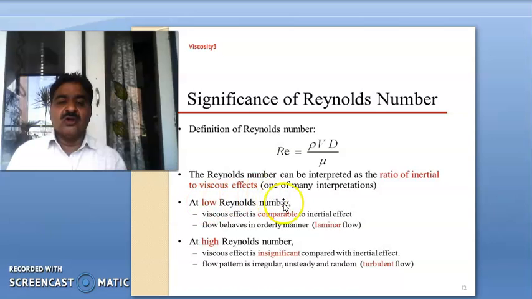At low Reynolds number, the viscous effect is comparable to the inertial effect, and the flow behaves in an orderly manner, which is laminar flow.